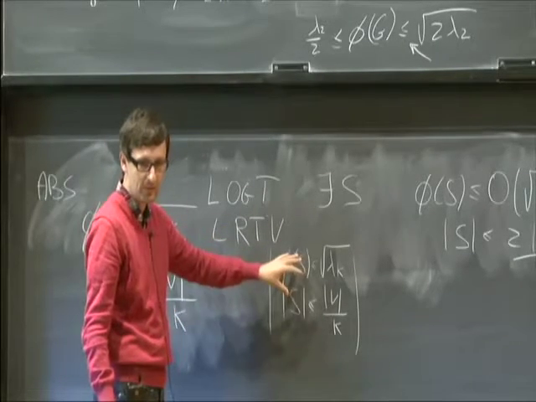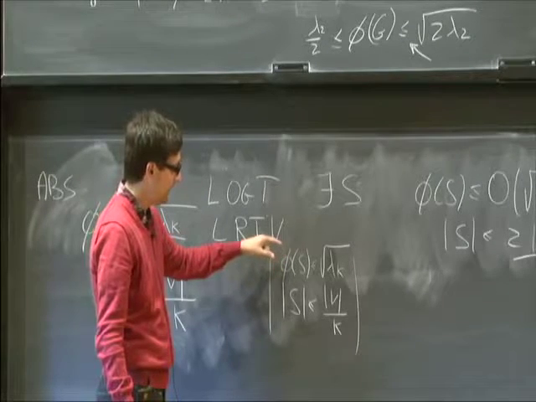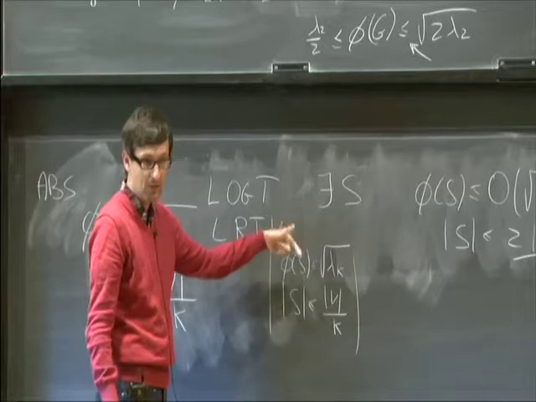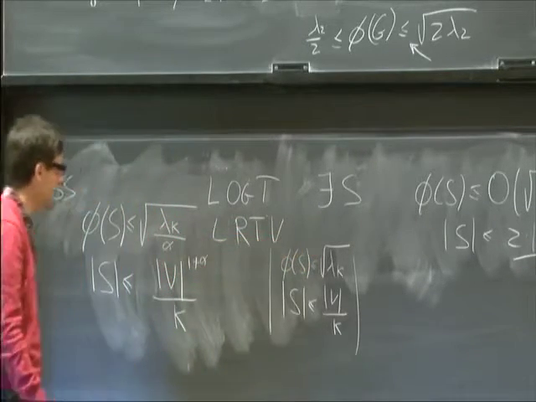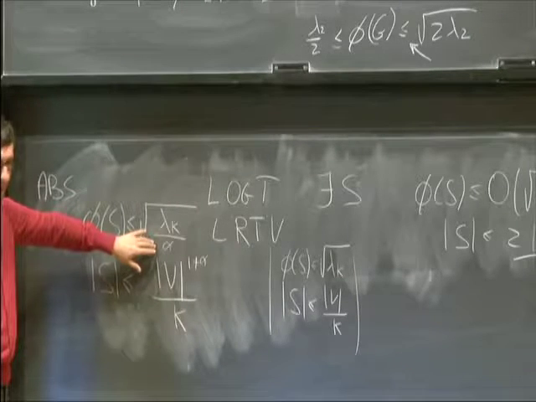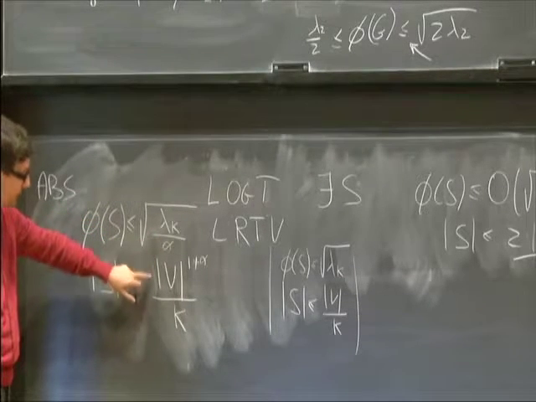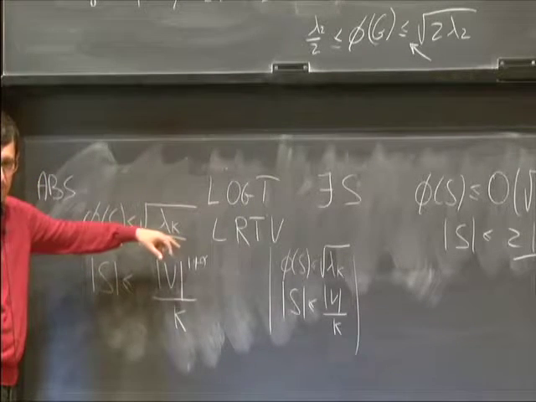Those two results give a couple of different directions in which something similar can be achieved. If we want the expansion to be as small as it can be given the spectral information, so square root of lambda k, well, let's say up to a constant, then the size of the set will be v over k times v to the alpha.